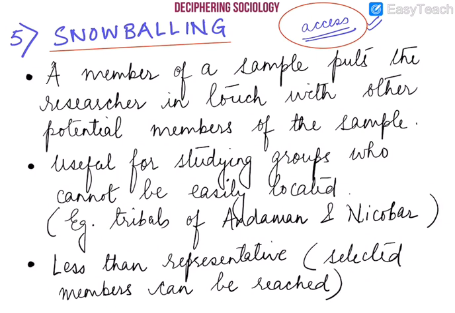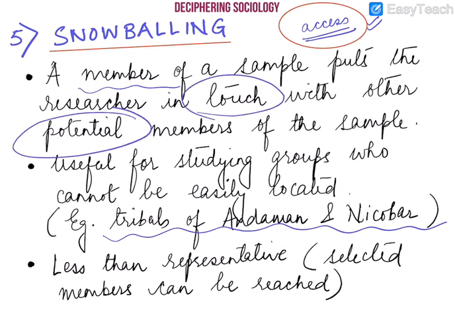What happens here? Suppose I am not in touch with the people. I am going to study the tribals of a particular area of Andaman and Nicobar Islands, and I cannot reach them. I can only reach one person. So how am I going to study them? So that person, a member of a sample, puts the researcher in touch with potential members of the sample.